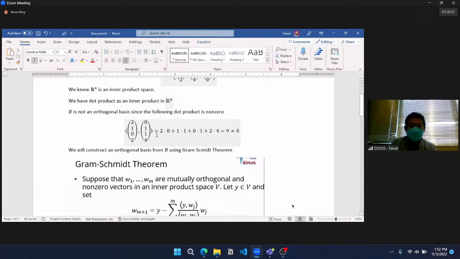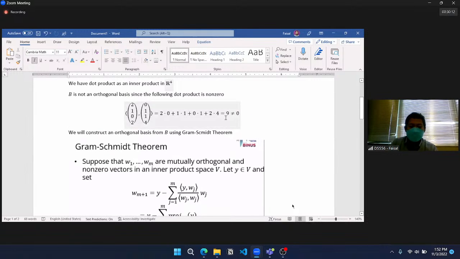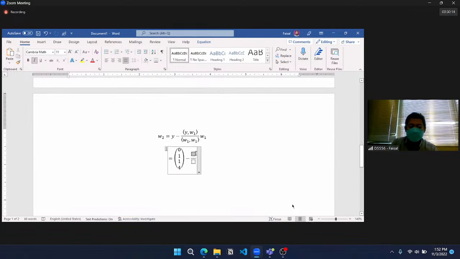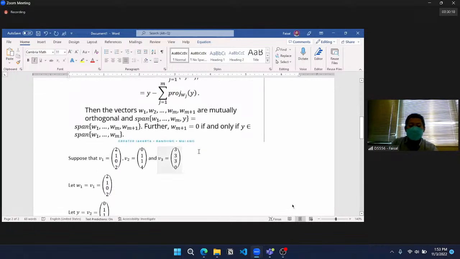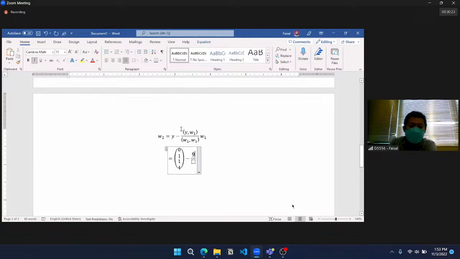We already computed this dot product: it is 9. And what is the dot product of W1 with itself?